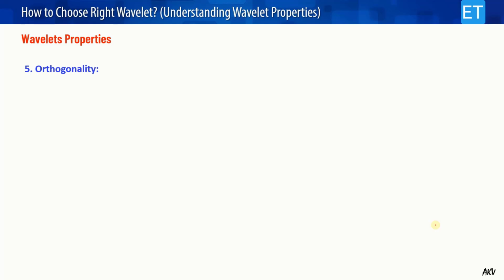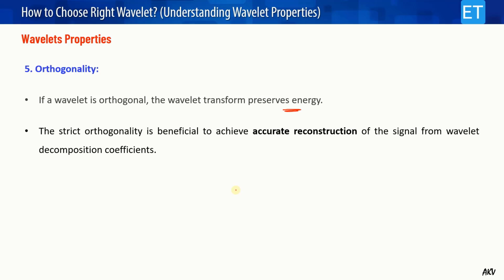And the next one is orthogonality. That is also a very important one. So if a wavelet is orthogonal, the wavelet transform preserves the energy. I mean, you can get perfect reconstruction. So you don't actually lose information during the analysis and synthesis part. So strict orthogonality is beneficial to achieve accurate reconstruction of the signal from its coefficients.